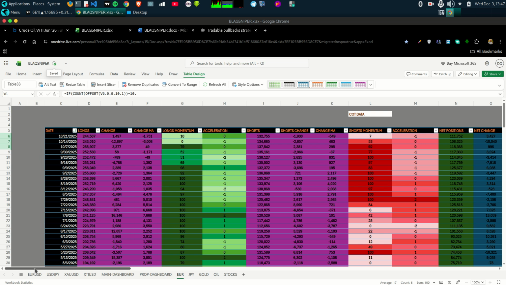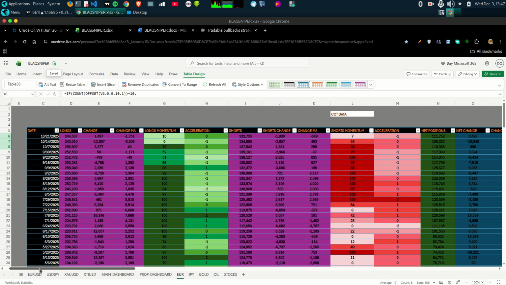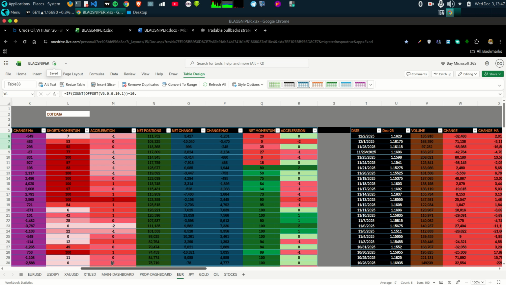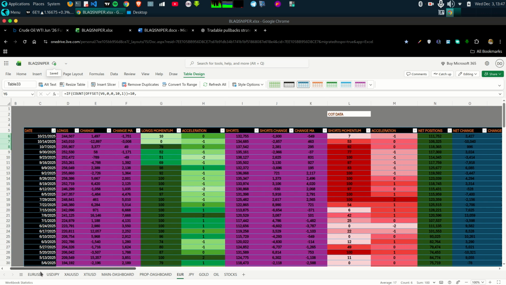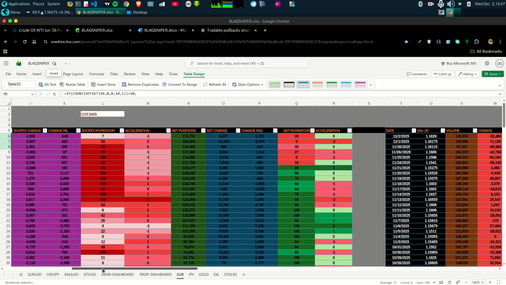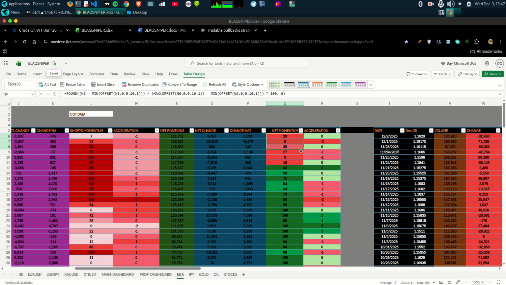Even though COT is still lagging because we're still having some 3 weeks of no data, I think as they continue to update it, we'll get cleaner data. But as of October 21st, we still have some bearish positioning on euro.